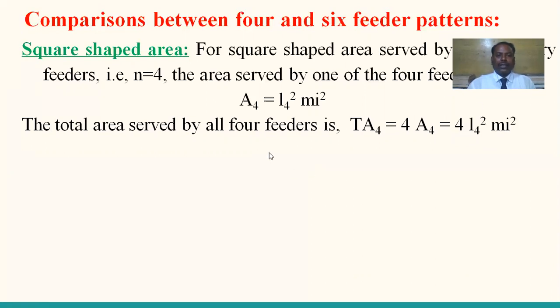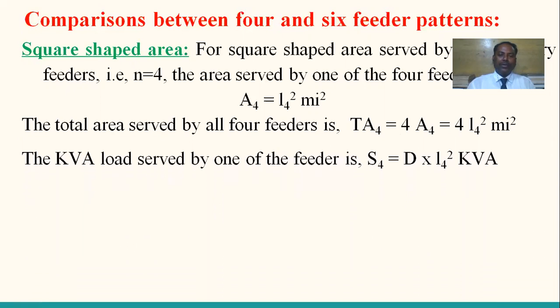The total area served by all 4 feeders, TA4, is equal to 4 into A4, that is 4 into L4 square miles squared. So this is the total area served by all 4 feeders.